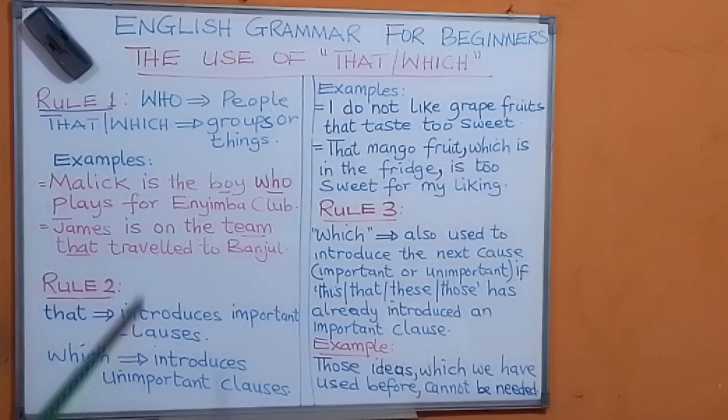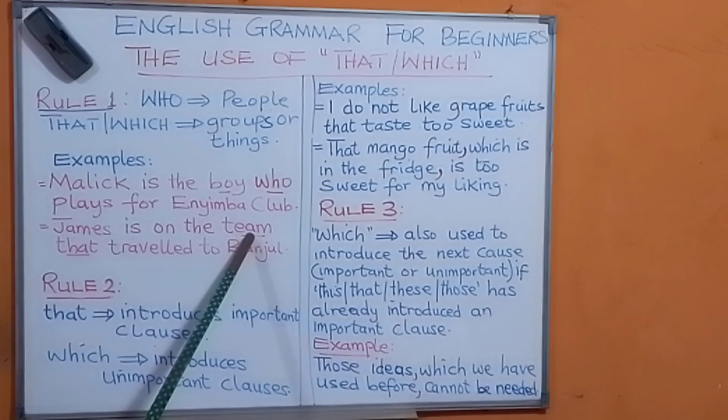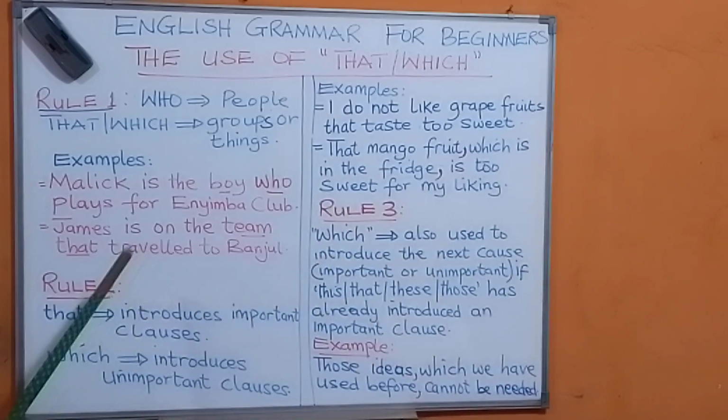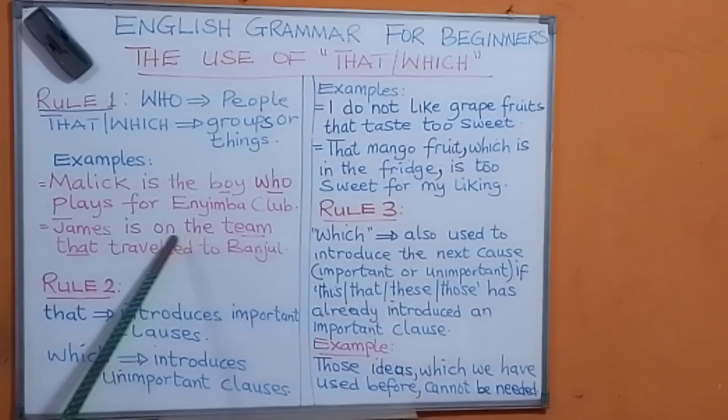If we say James is the person who, but here you're saying James is on the team, then you say that traveled to Banjul. So that's how we use that. Who is for people, when you use that or which, that's for groups or things.